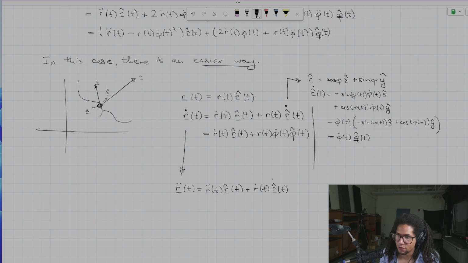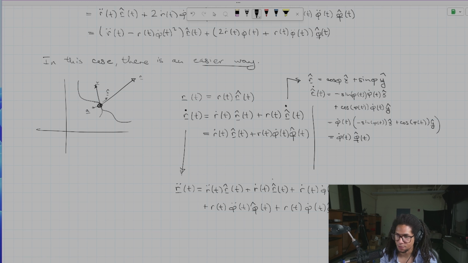Now for the second term, I'll need to use the product rule on the 3 factors: r dot of t, phi dot of t, phi hat of t, plus r of t, phi double dot of t, phi hat of t, plus r of t, phi dot of t, phi hat dot of t.